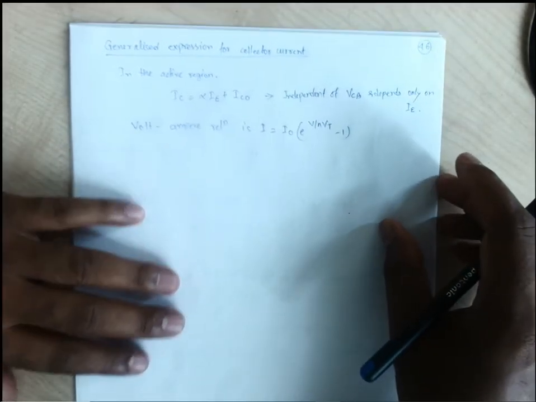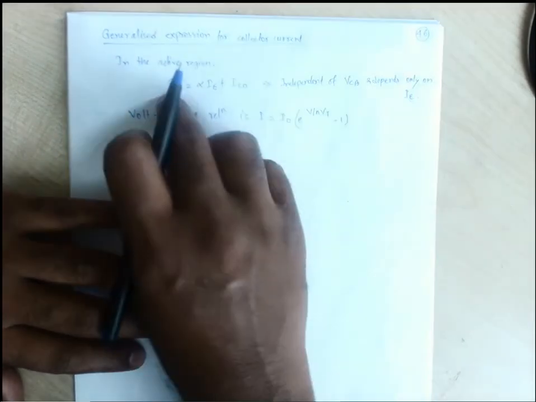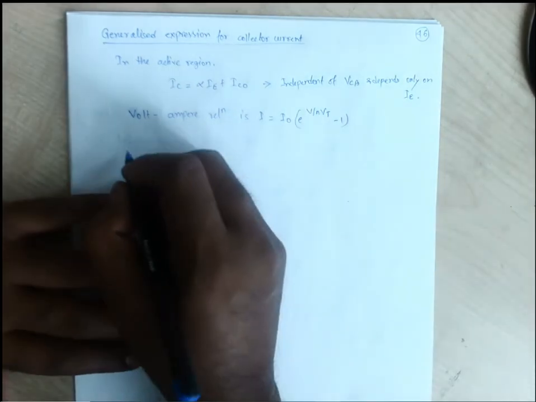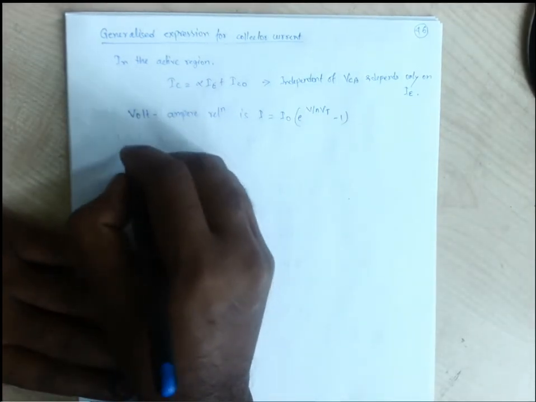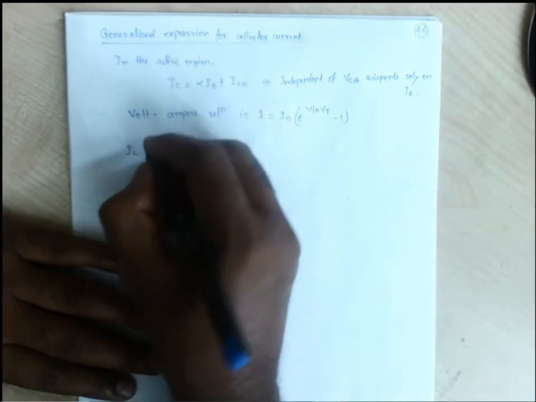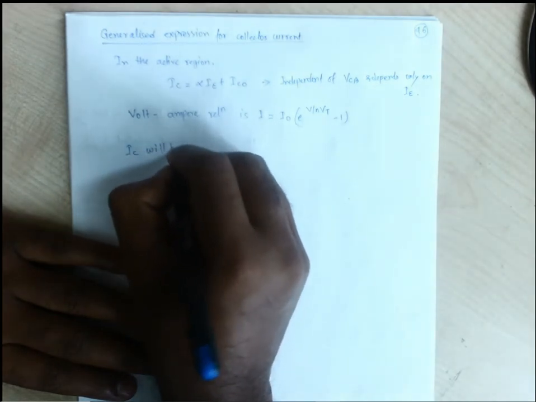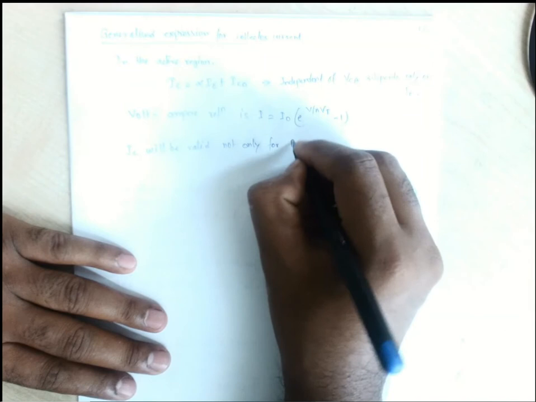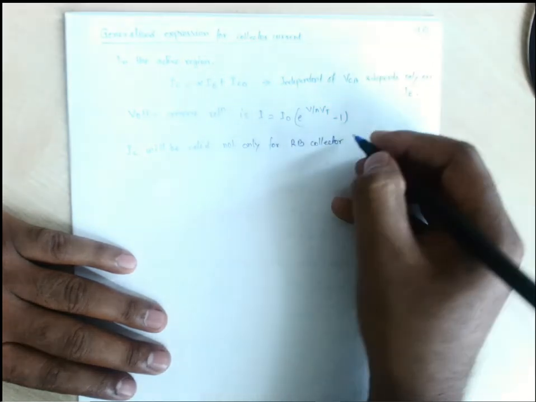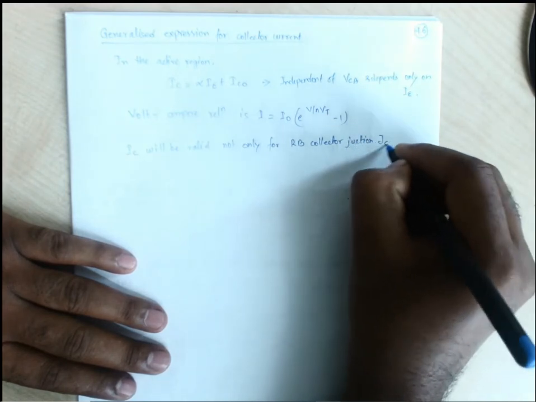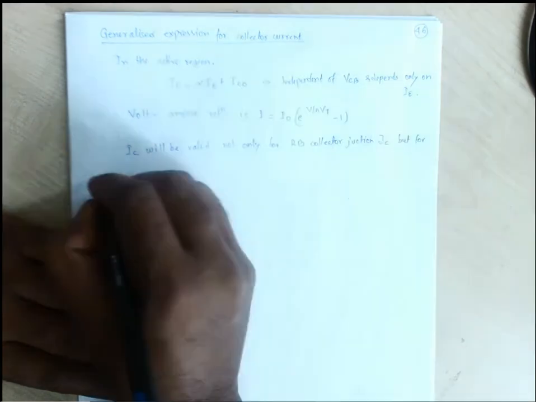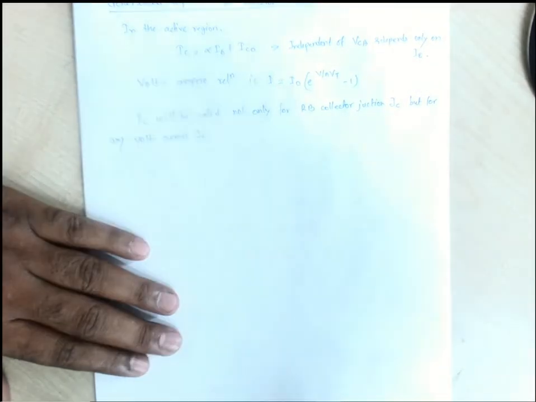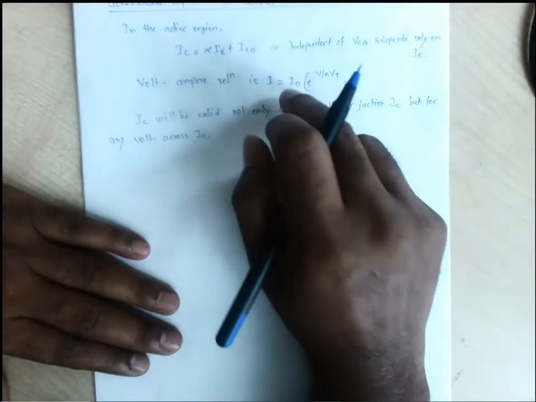If we provide a certain forward bias, we can also find our IC, because this IC has its main source from IE. So IC will be valid not only for the reverse biased collector junction JC but for any voltage across JC, right?